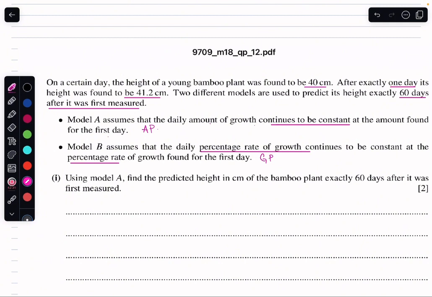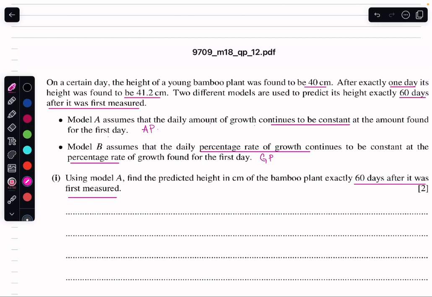So using model A, find the predicted height in centimeters of the bamboo plant exactly 60 days after it was measured. So this is the statement that one needs to be aware of. They are saying we need to find the predicted height in centimeters of the bamboo plant exactly 60 days after it was first measured.